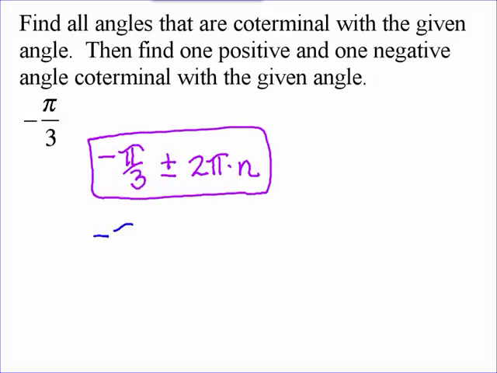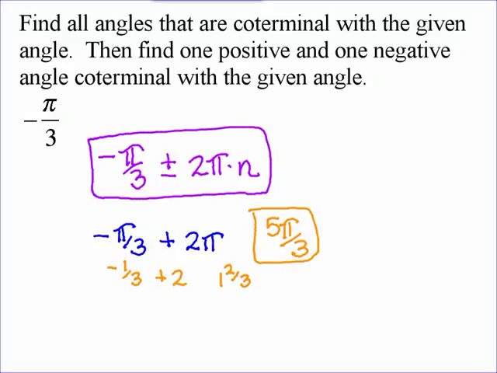So to find one positive angle, I'm going to take negative pi over 3, and I'm going to add 2 pi. Now in order to do that, that might look kind of confusing. In order to do that, I'm going to take negative 1/3, and I'm going to add 2 to that. It's just a fraction, and so if you do that, you get 1 2/3, but we never answer in terms of a mixed number here. We're going to actually answer in terms of an improper fraction, which is 5 pi over 3.